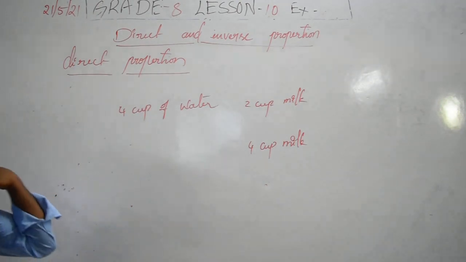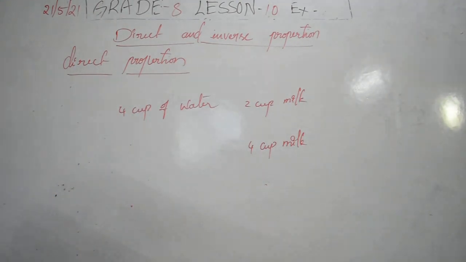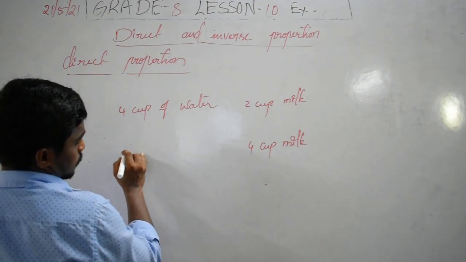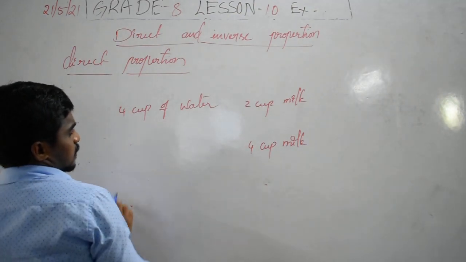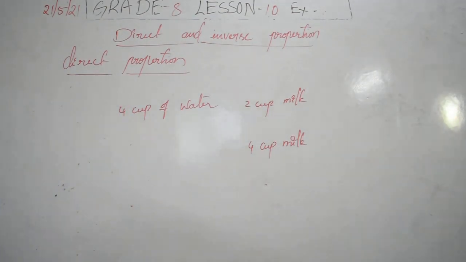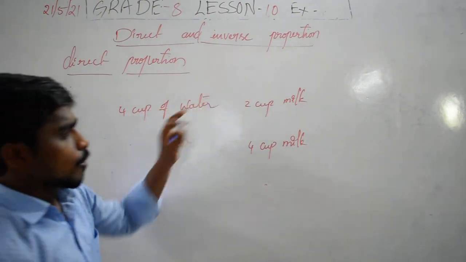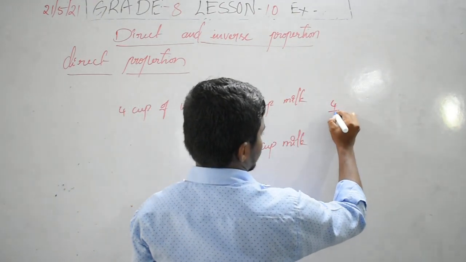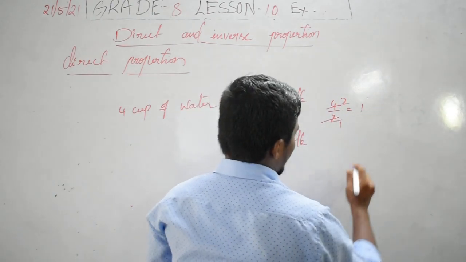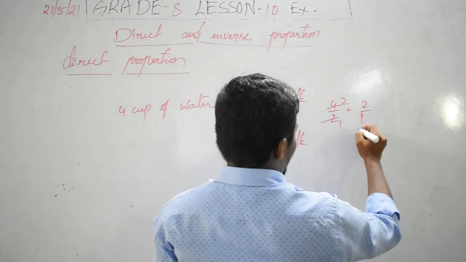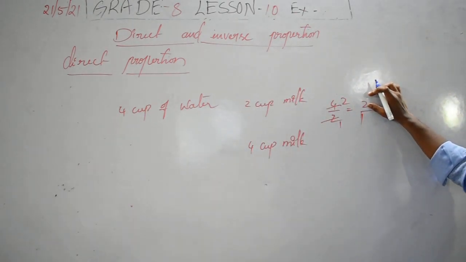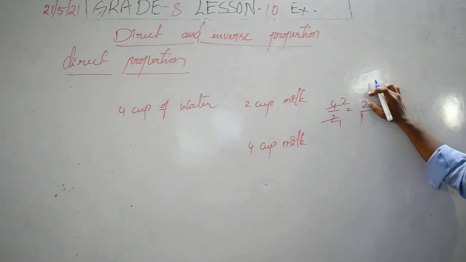So some of his friends are visiting his house, see, how much water does he need? First here see, 4 by 2. 2 ones are 2, 2 twos are 4. So for 1 cup milk, how much water is needed? 2.